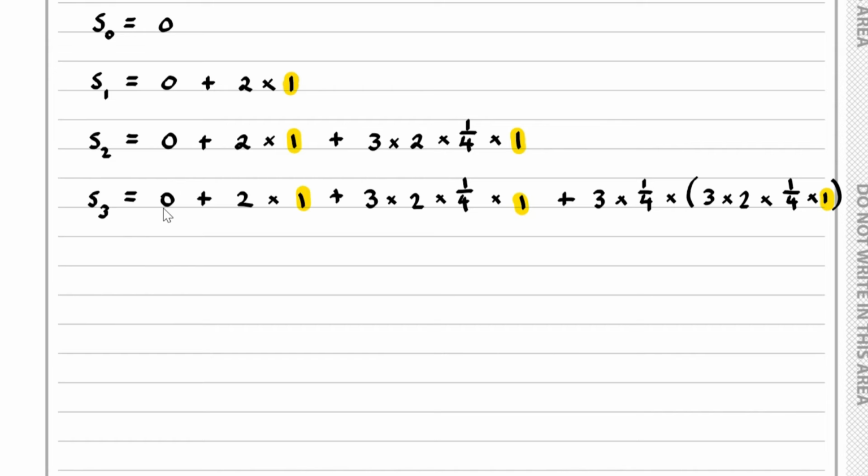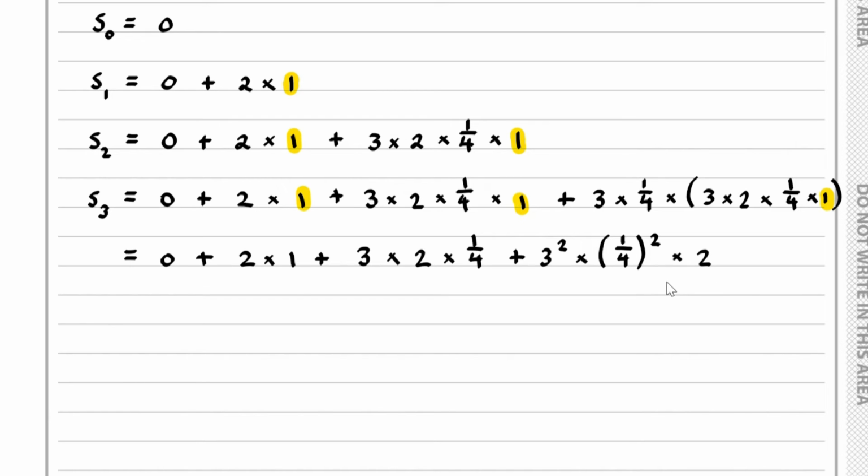We can write this as 0 plus 2 times by 1 plus, now here I've got 3 times by 2 times by 1/4, but then here I've got 3 times by the 3, so that's 3 squared, and then I've got 1/4 times a quarter, so that's 1/4 squared, but then I'm multiplying it by 2.